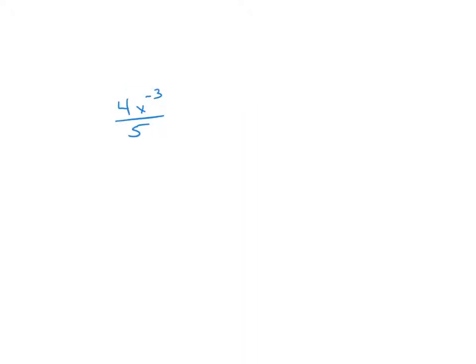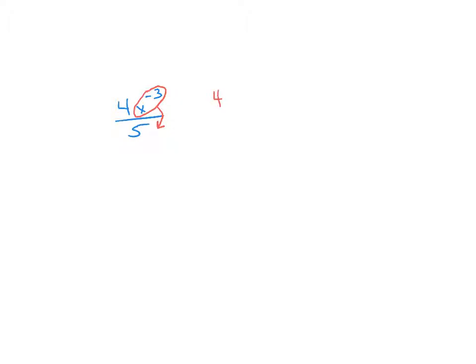So let's simplify this one, and this is one that does have a variable with it. And that variable x has a power of negative 3 attached to it. You need to rewrite this so it does not have a negative exponent. So what I am going to do is take the base and the exponent and move it to the other side of the fraction, and make it a positive exponent.